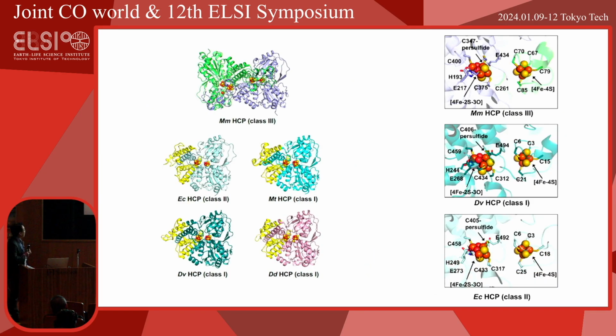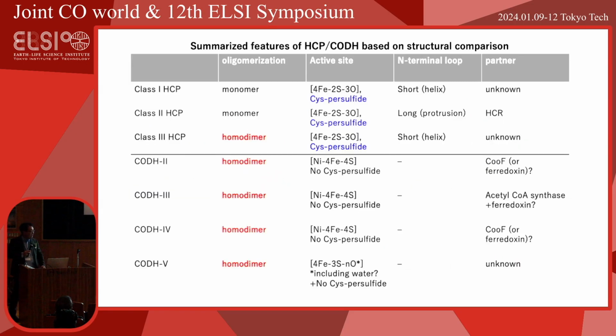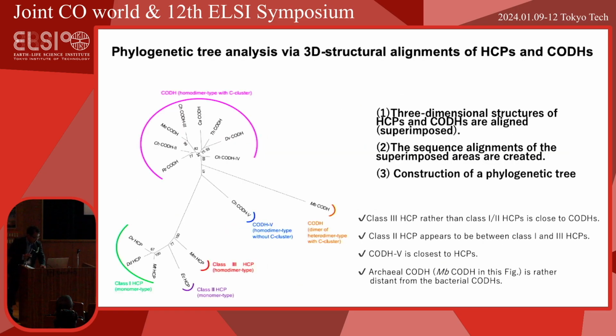hopefully. Now we have structure information like this, and several CODH structures by other groups. And now we summarize the information about HCP and CODH, especially the homodimeric architecture of HCP class 3. Then we computed the phylogenetic trees. For this experiment, we used three-dimensional structure superimposition.